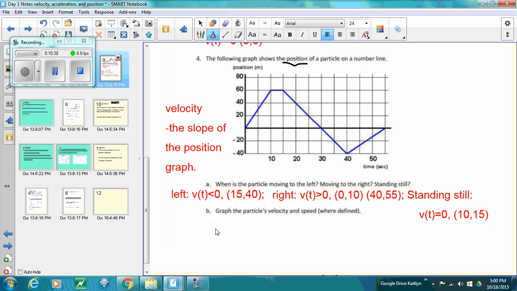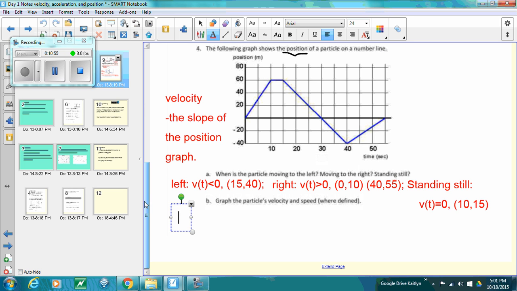Okay, and then the last part, B, says graph the particle's velocity and speed where defined. Right, so remember, key thing, velocity is the slope of the position. So we have to find the slope of this graph and then graph that as the height, and that will give me the velocity.